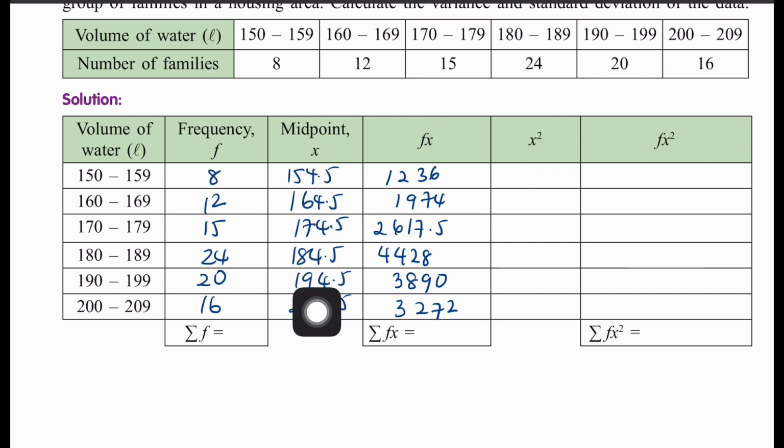Next, x square. For x square, you square the midpoint. Press the calculator, 154.5 squared.